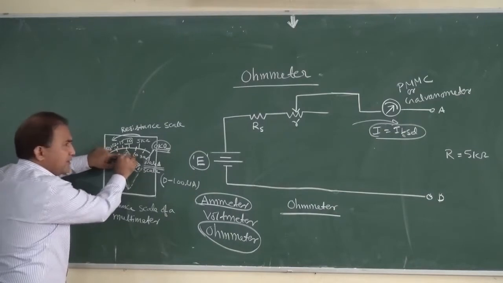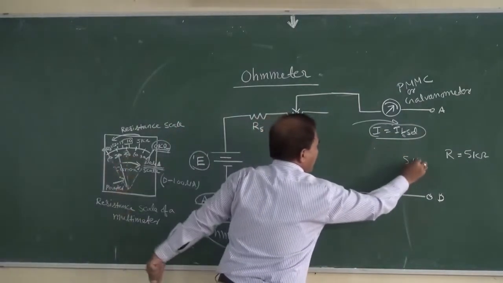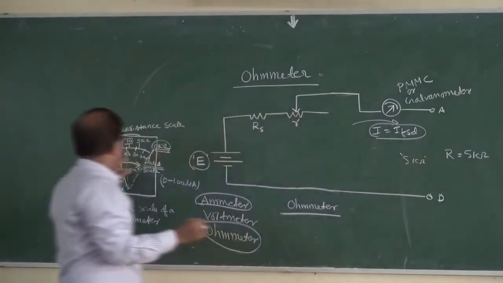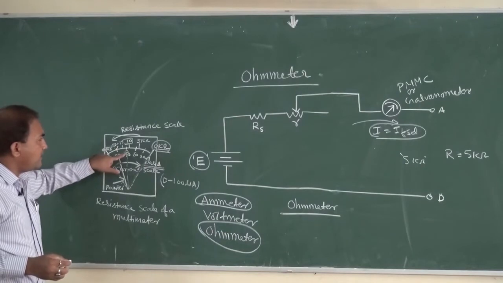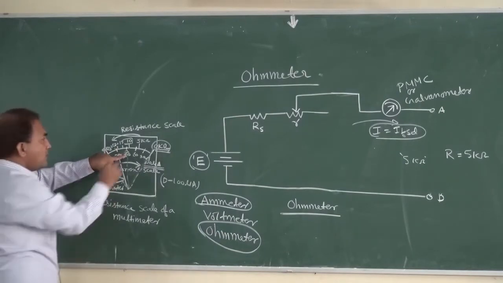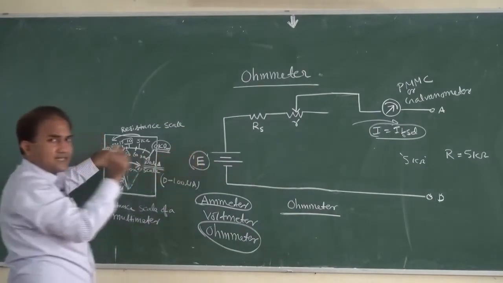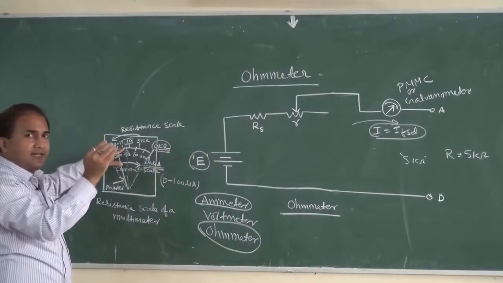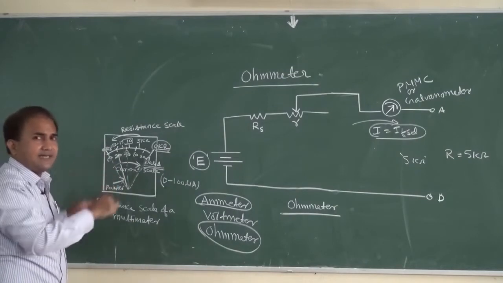So for 5 kilo ohm the pointer shows 40 microampere, and corresponding to this 40 microampere we write 5 kilo ohm. In this way the instrument is calibrated.